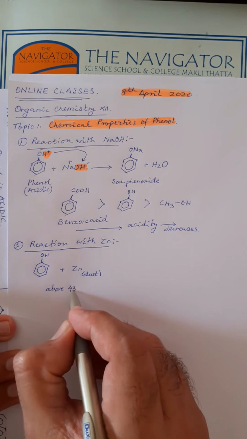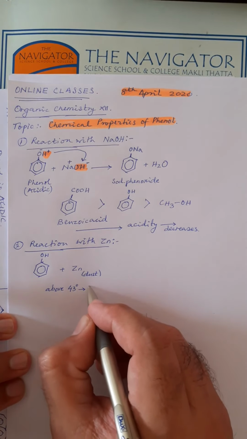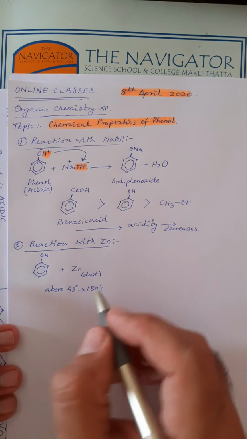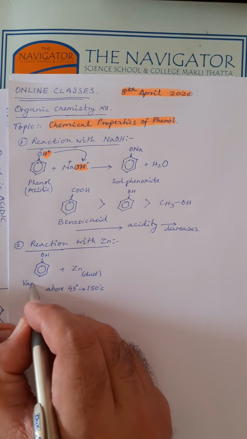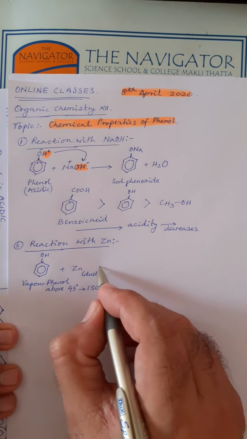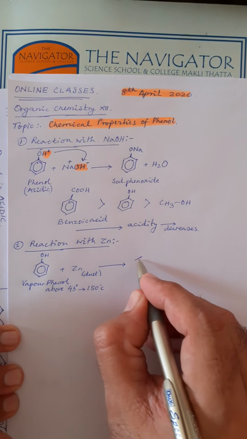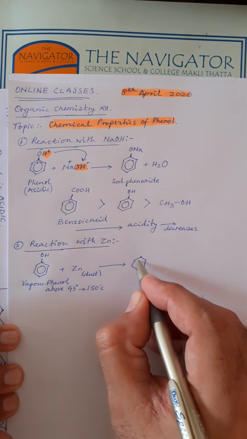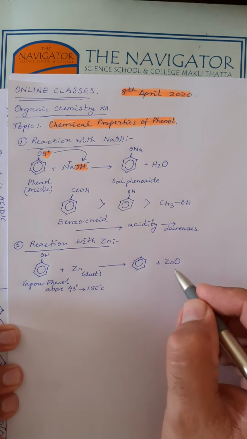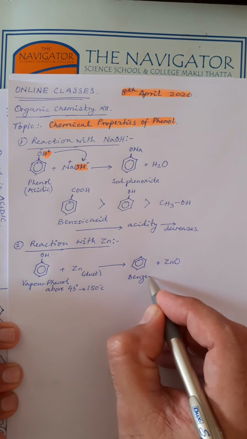So we heat it higher than 43, maybe 150 degrees C, so that the vapors of phenol pass through the zinc dust, and you will see that a thick oily liquid forms. This oil is basically benzene. It also contains solid zinc oxide. You can filter them, and after filtration, you can separate benzene from it.